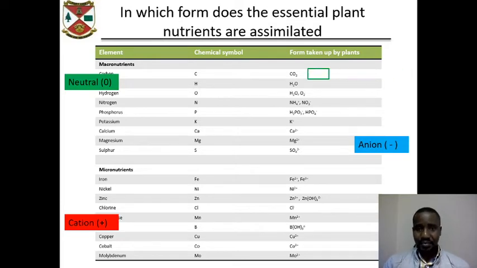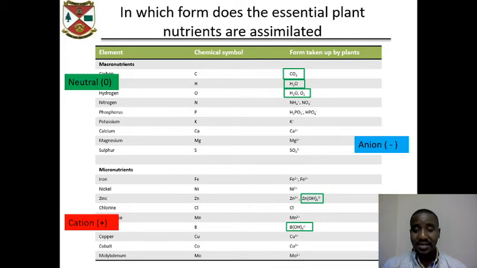Now, carbon dioxide is neutral, water is neutral, water and oxygen are both neutral, zinc dioxide is neutral, boric acid is neutral. So carbon, which is a plant essential nutrient, is taken up by plants as carbon dioxide, which is neutral.